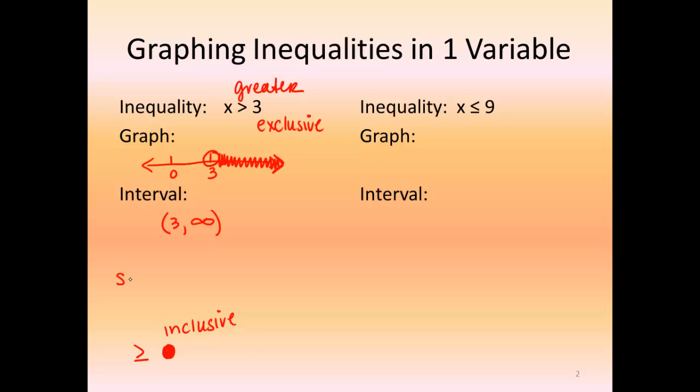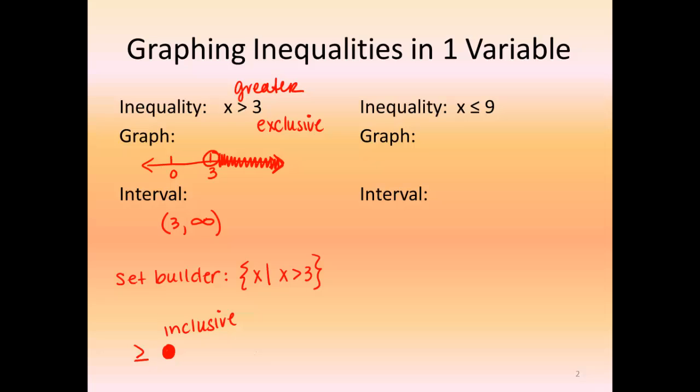If I wanted to write this as set builder, it's actually already set up for you: the set of x such that x is greater than 3. So this already uses our inequality format. But interval notation is much more commonly used in our mathematics, so you'll see that more often.